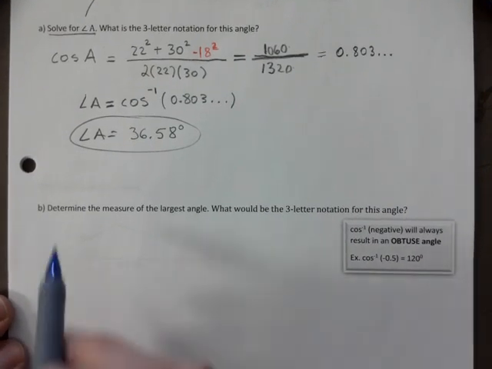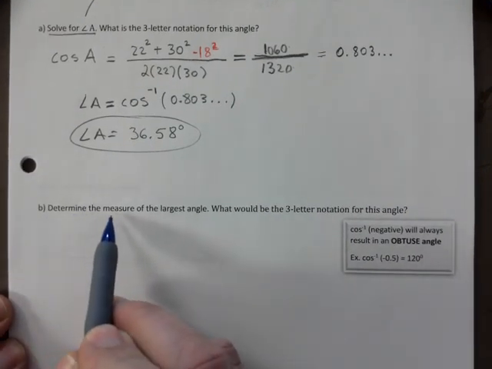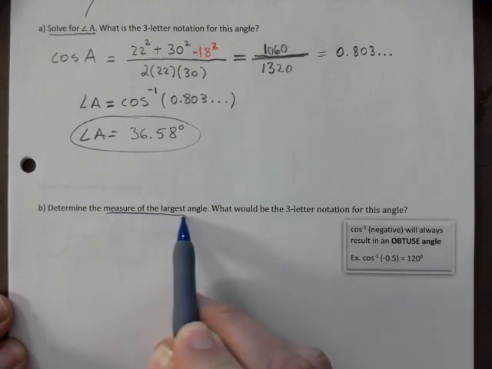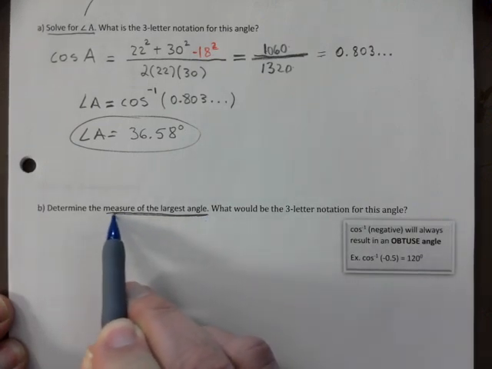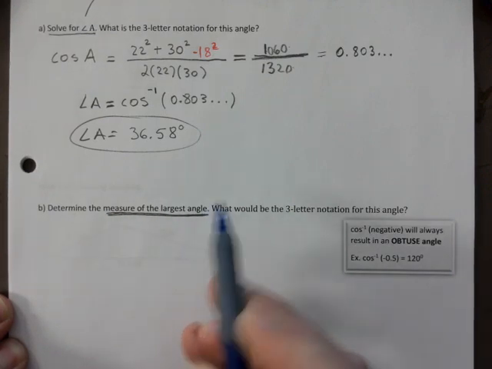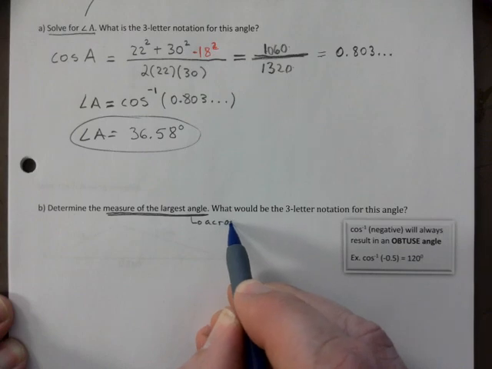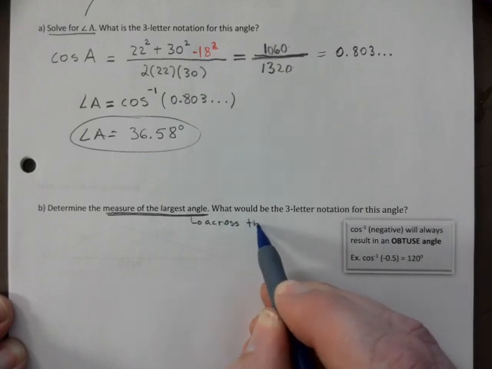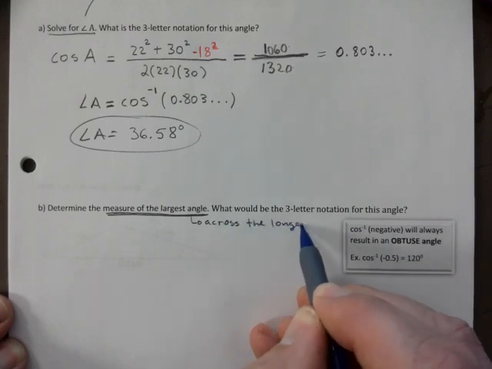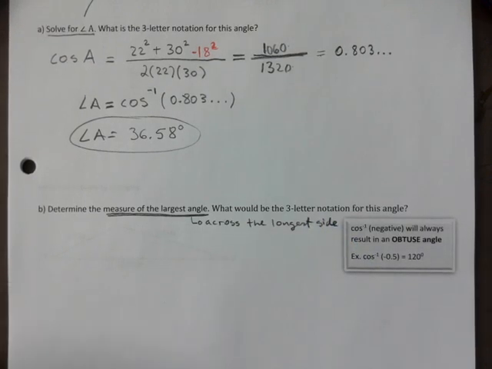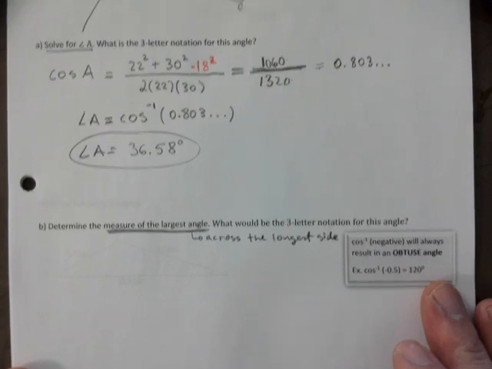One more time. Determine the measure of the largest angle. Which one would that be based on the triangle? It's across the longest side. Which one is the longest side?